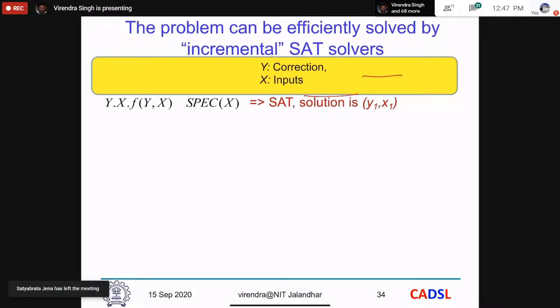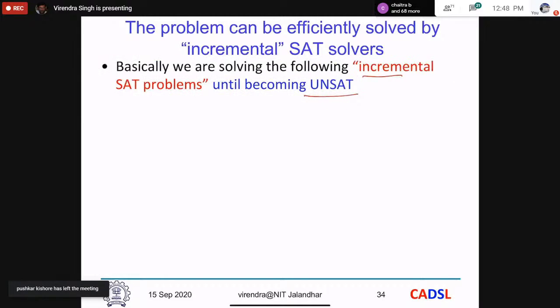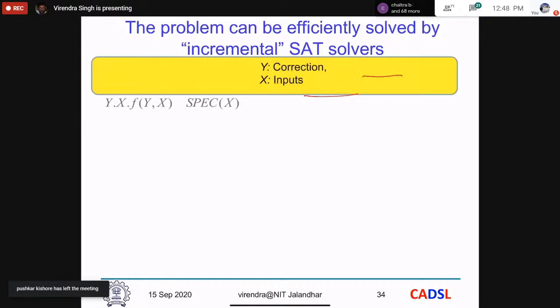I can define it as this one. Now I can say that I have some input x and y.